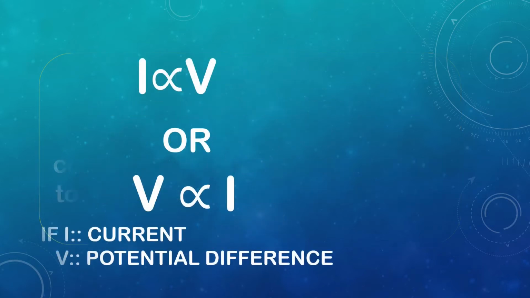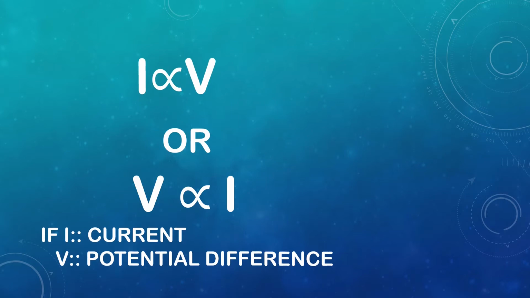Symbolically or mathematically, we can say that I is proportional to V, or V is proportional to I, where I is current and V is potential difference or voltage.